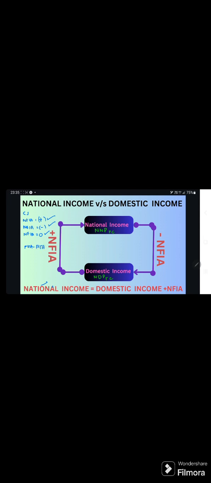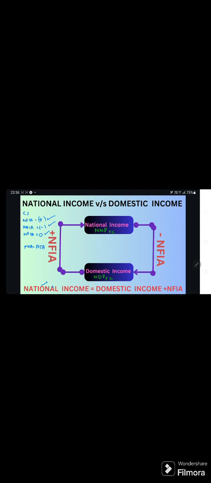If your FIFA is more than FITA, the net factor income from abroad will be positive. If FITA is more than FIFA, then net factor income from abroad will be negative. And when will net factor income be equal to 0? When FIFA is equal to FITA. In that case, net factor income from abroad will be equal to 0.